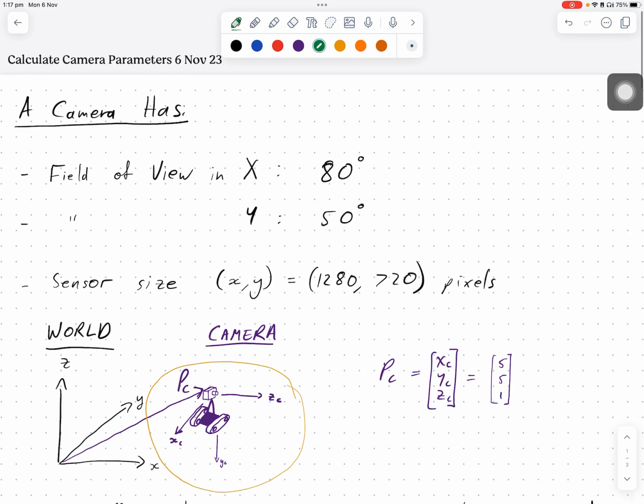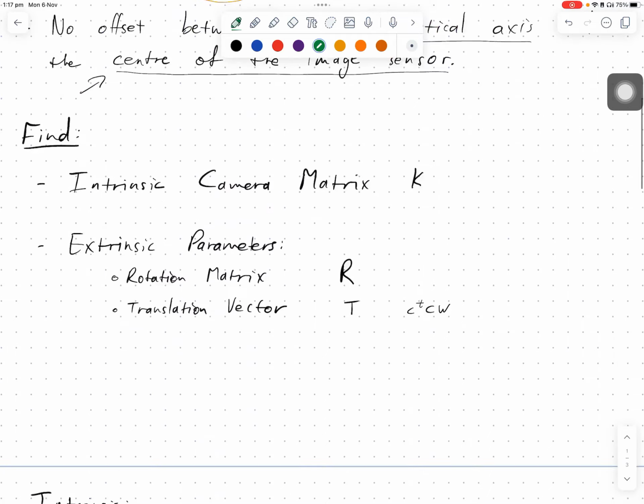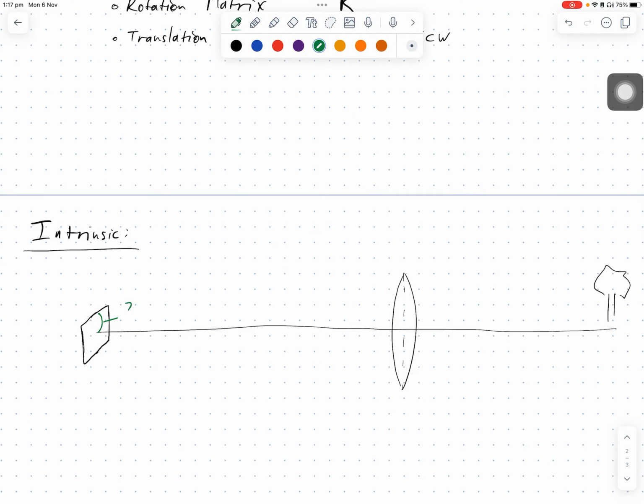Now, we were told that in the y direction, the image sensor has 50 degrees angle and 720 pixels. So this here will be 720 divided by 2. And similarly, the distance to the x direction edge of the sensor, so this distance here, will be 1280 divided by 2. So hopefully that makes a bit of sense.